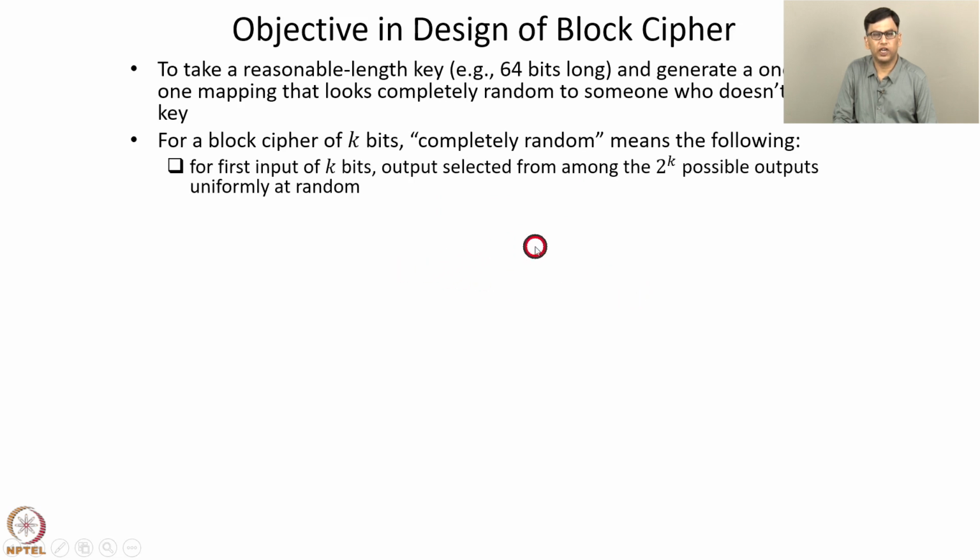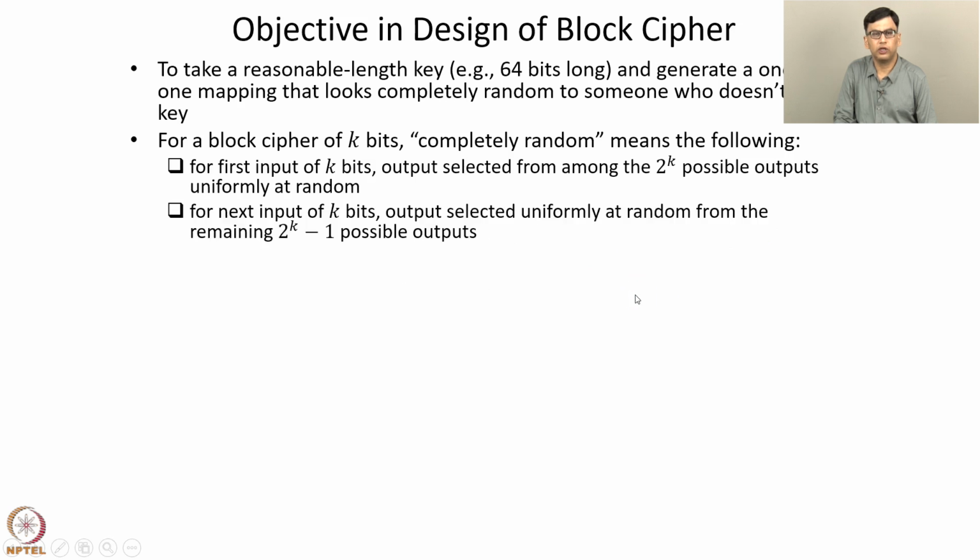For the first input of k bits, the output is selected from among the 2 to the power k possible outputs uniformly at random. Then we have 2 to the power k minus 1 remaining possible outputs. For the next input of k bits, the output is selected uniformly at random from the remaining 2 to the power k minus 1 possible outputs, and so on. So this is what is meant by completely random.